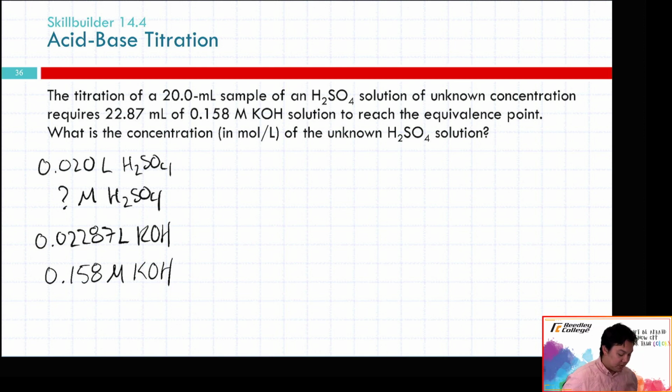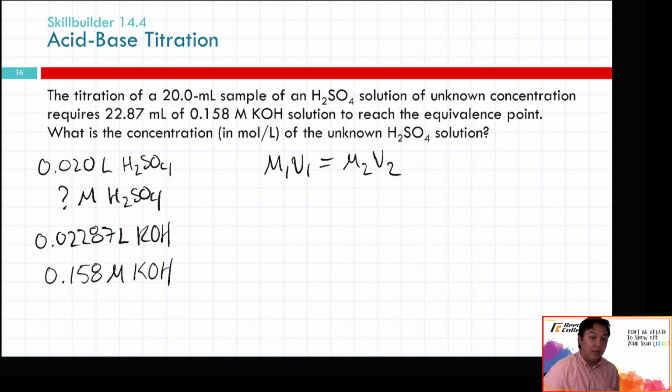Because we know that these are reacting in a 1-to-1 ratio, we can just use M1V1 equals M2V2, but there is a slight catch. All right, so we have M1V1 equals M2V2. The molarity of the solution.